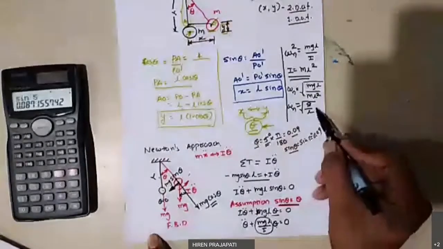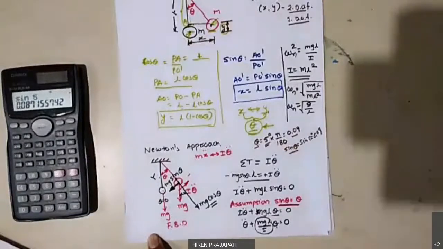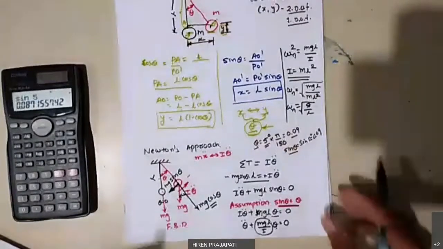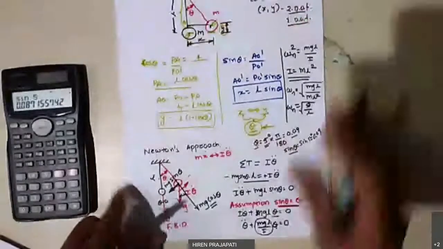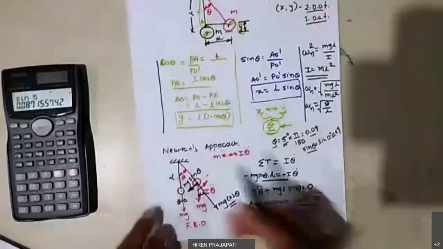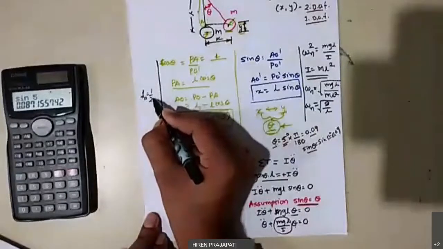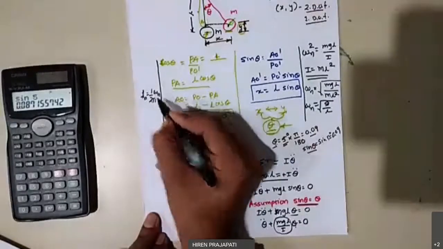So this is the natural frequency equation for a simple pendulum: omega n is equal to square root of g by L, right? And if I want to write it in hertz, then Fn is equal to 1 by 2 pi times omega n.